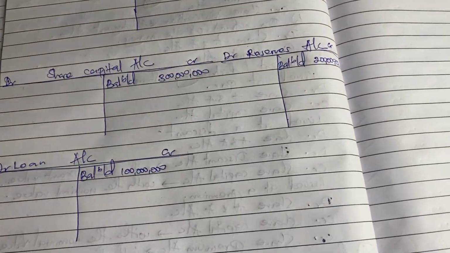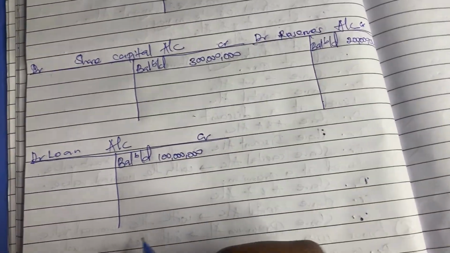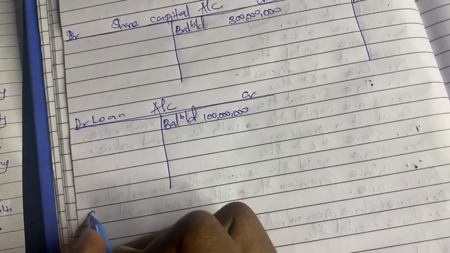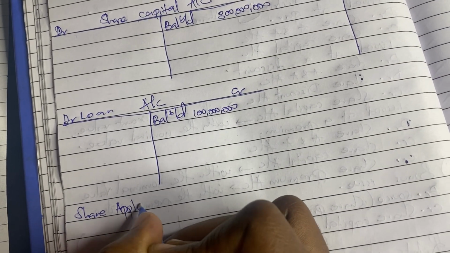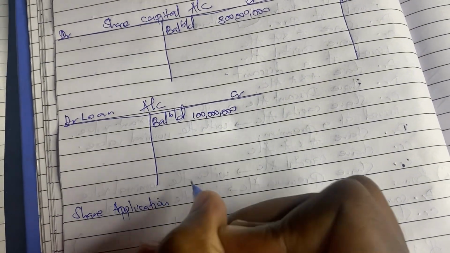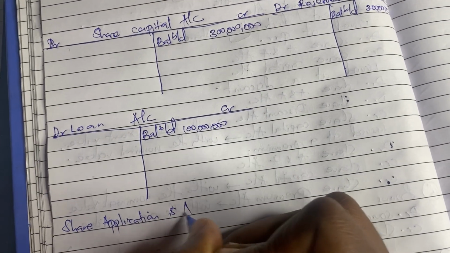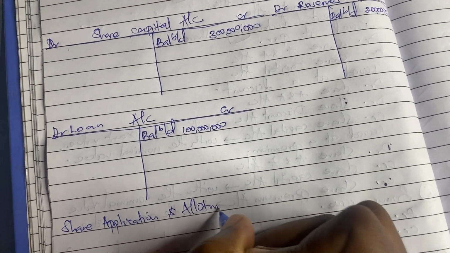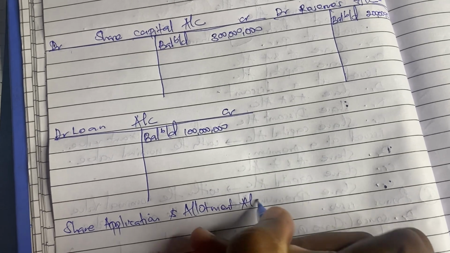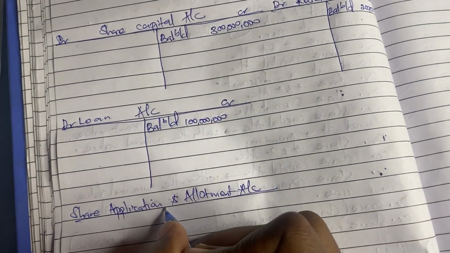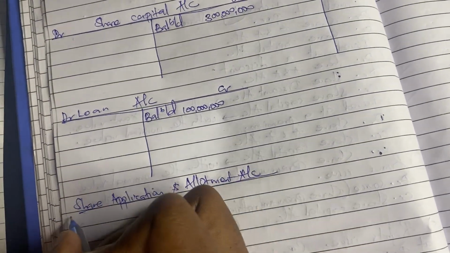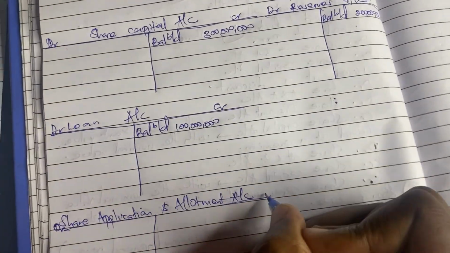Then we also prepare another account called the share application and allotment account. This one is prepared whenever shares are issued. Debit, then credit.